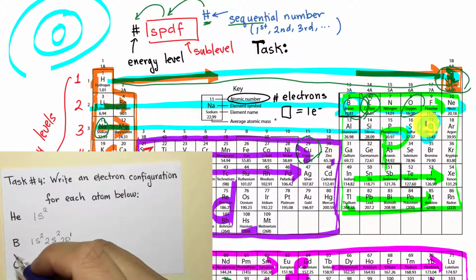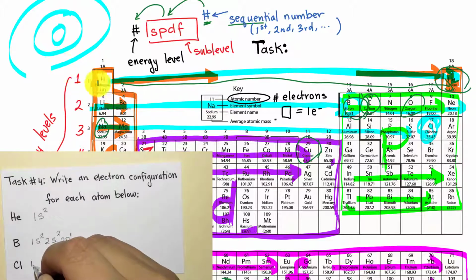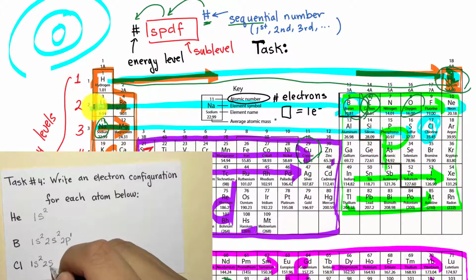So for chlorine, we start at 1s again. For the first energy level, we start from the very lowest, and it has 1s, and the s has 2 electrons. Then we go to the next shell, energy level 2, which contains the s sublevel again, and that s sublevel has 2 electrons.